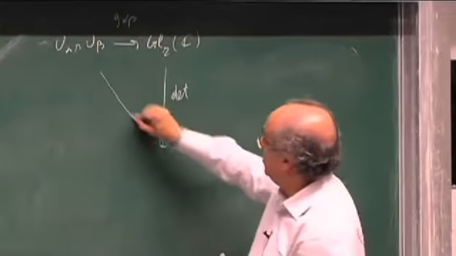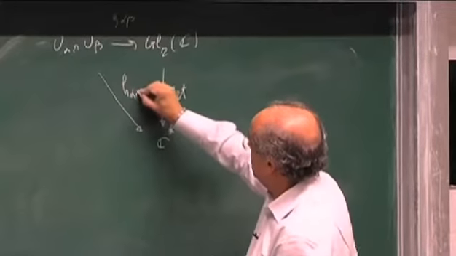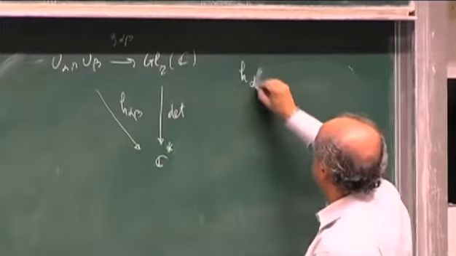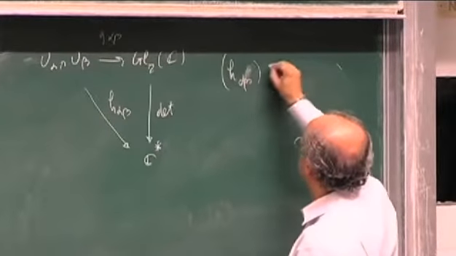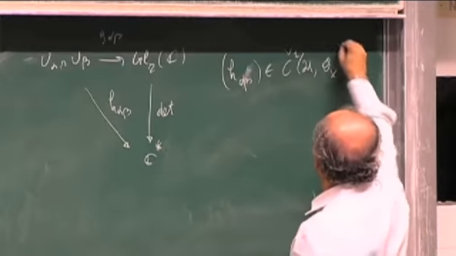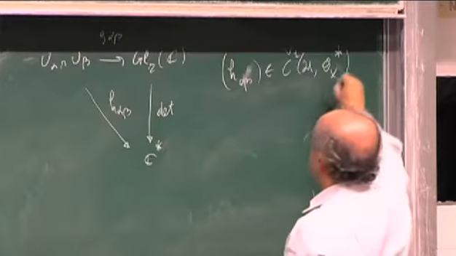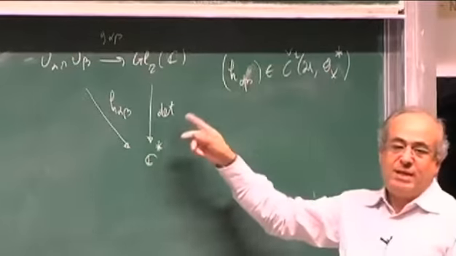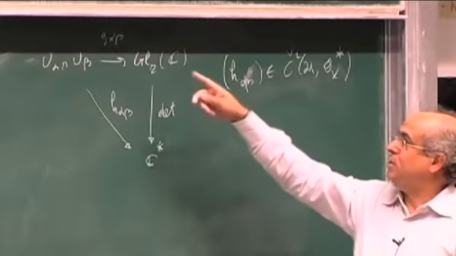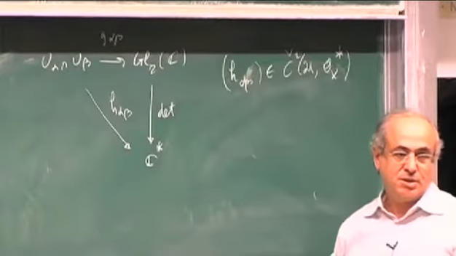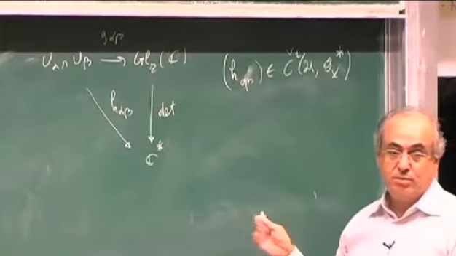So by composing, I get maps, say, H alpha beta. And of course, H alpha beta are elements in our Čech complex, because they will satisfy the cocycle condition, right? Because if you take the determinant of the cocycle condition for the G's, you obtain the cocycle condition for the H's. So we get a line bundle.